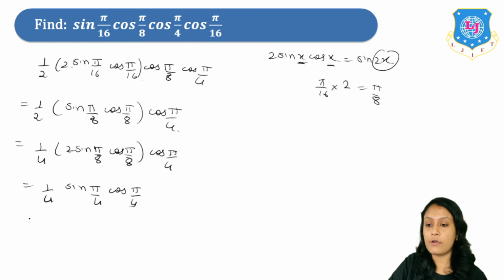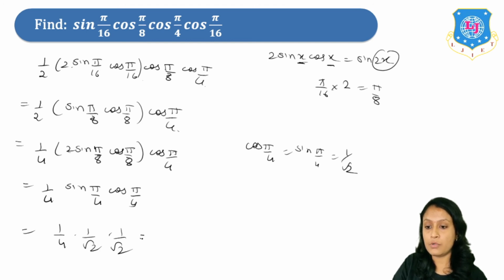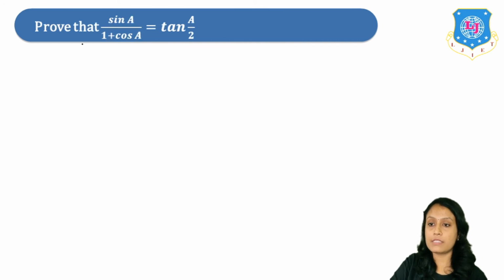Now we know the value of sine pi by 4 and cos pi by 4 is 1 by root 2. So substitute over here, so 1 upon 4 into 1 upon root 2 into 1 upon root 2. So this is 1 upon 2 here, so your final answer is 1 upon 8. Now let's solve one more example.